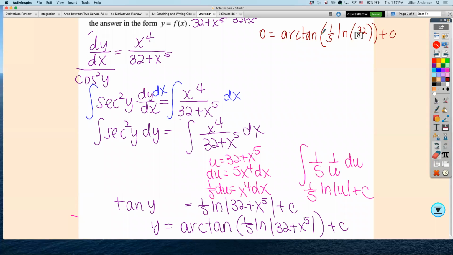So we got negative 0.693. Oh, did you do the arctangent? Yeah, you have to do the arctangent. I got 34.7. Okay, so c is equal to 0.606.